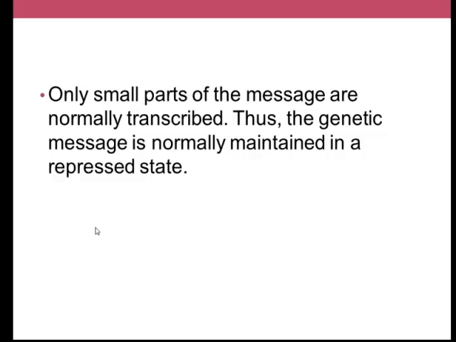So every cell has the whole message, but not every cell translates this full message. They only translate what the cell needs for its function. Which part of the message is repressed and which part is expressed depends on the function and specialization of the cell.